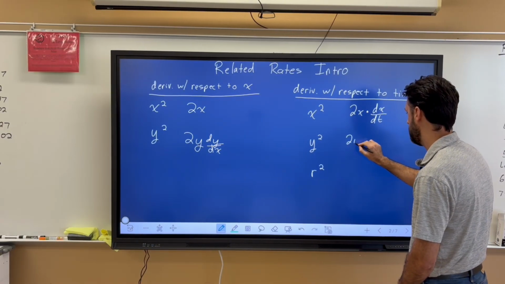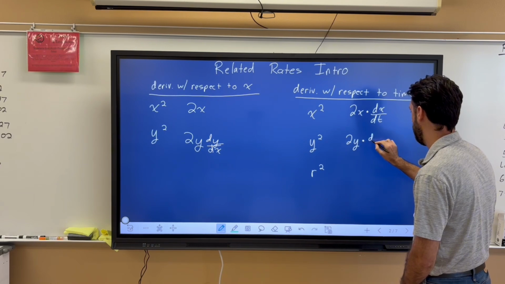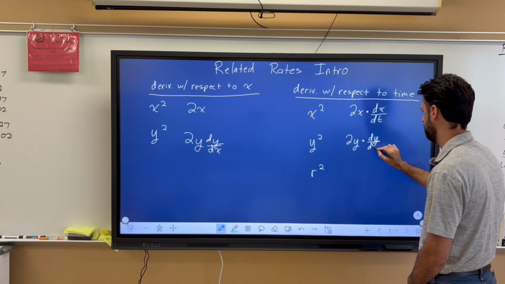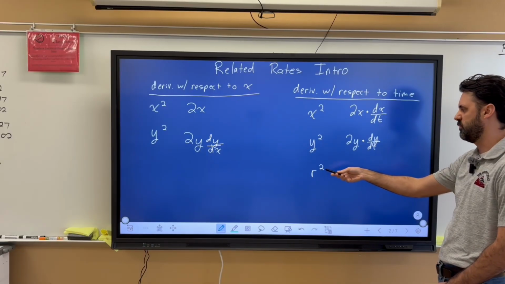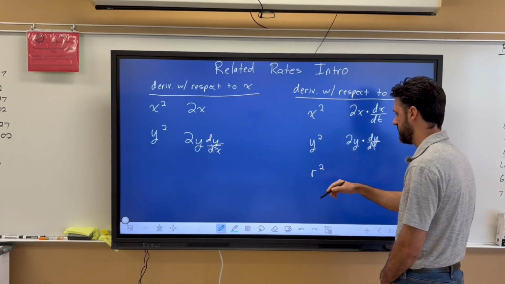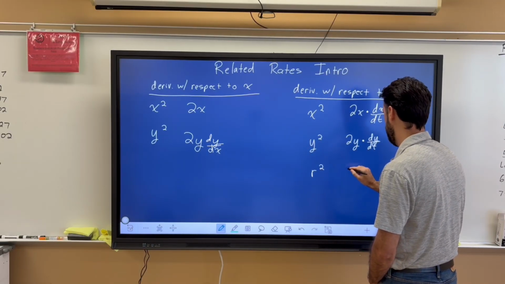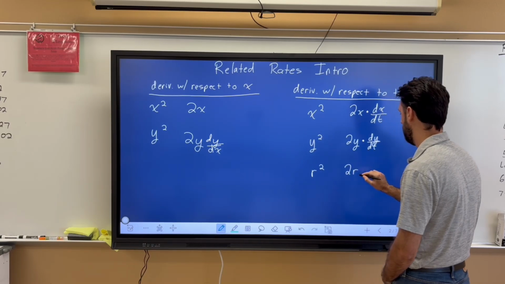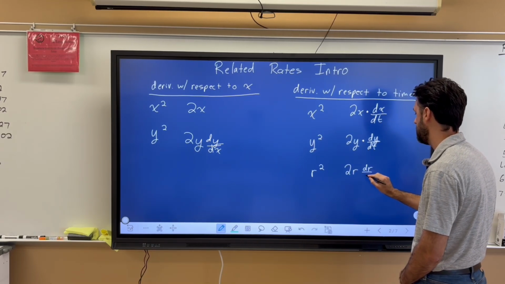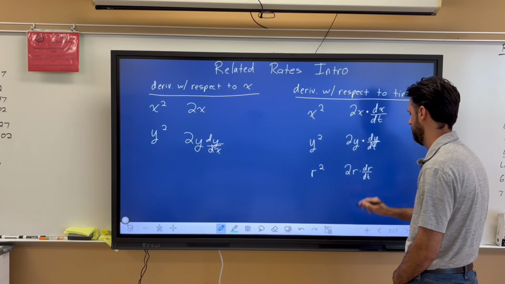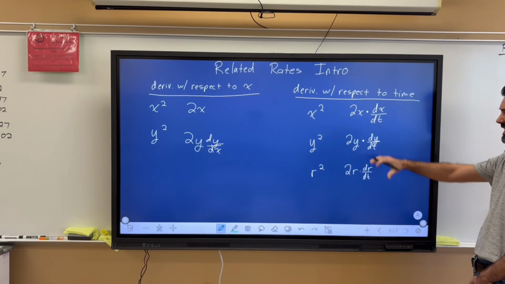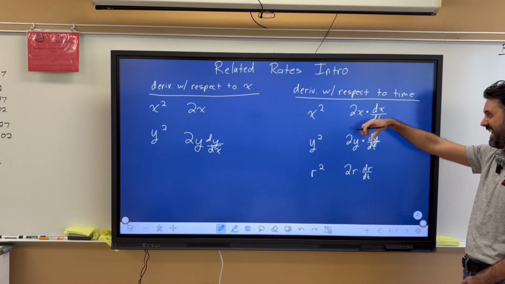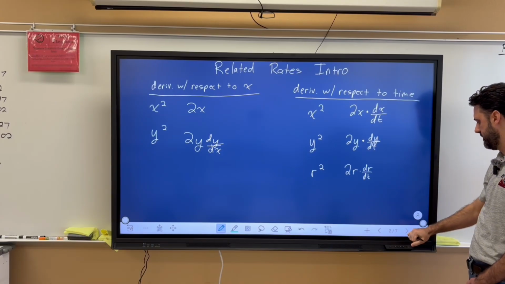Y squared would become 2y, and then multiplied by dy over dt. And if it was something like the radius squared, well, the radius squared is just like x squared or y squared, so its derivative is 2 times r, and then times that dr over dt. Okay, so same thing we've been doing, there's just that extra step at the end here.